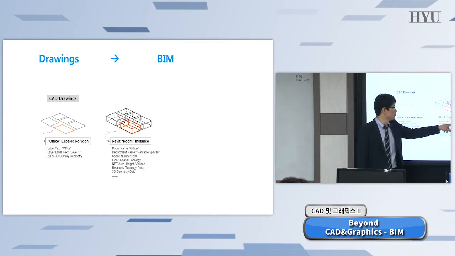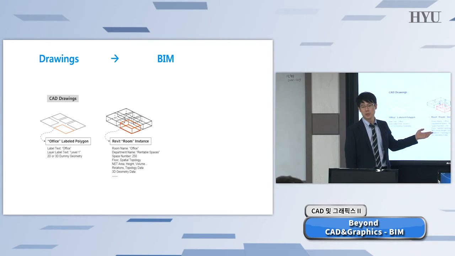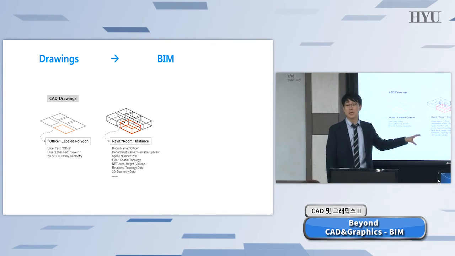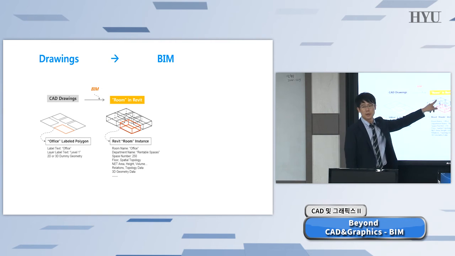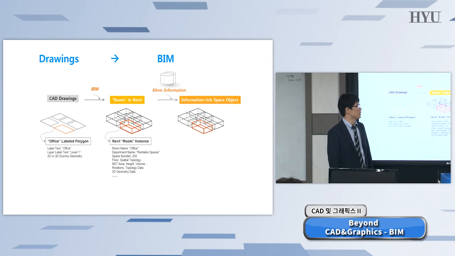And your room name is office, not a label, okay? The room's name property is office. Department name, space number, area, height, spatial relationship, they are all defined in the BIM model, okay? That's the change from a geometric model, CAD model, to a BIM model.